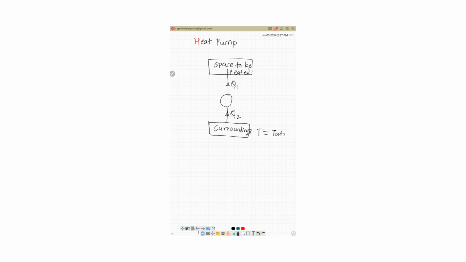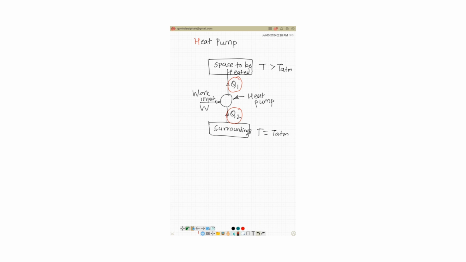Here we have a surrounding at atmospheric temperature, a space to be heated at higher temperature, and work input given as W. In this case Q1 is the desired effect: for a heat pump, the amount of heat given to the space to be heated is the desired effect, while in the case of a refrigerator Q2 is the important parameter, which is the heat absorbed from the space to be cooled.